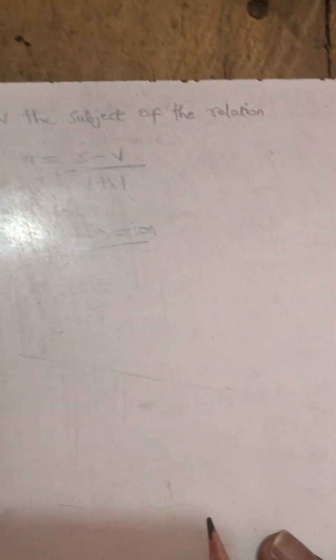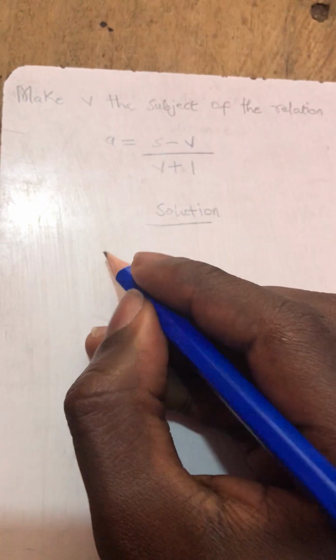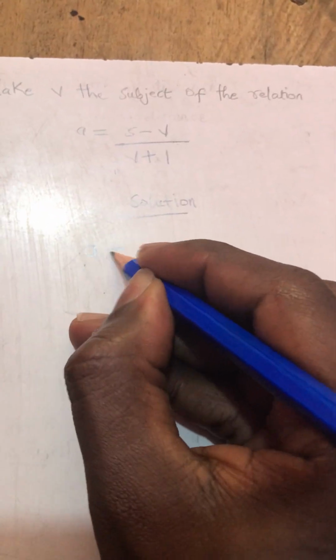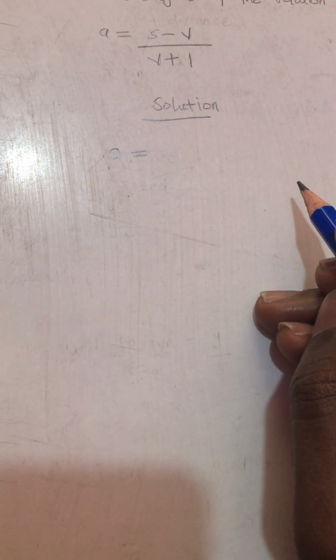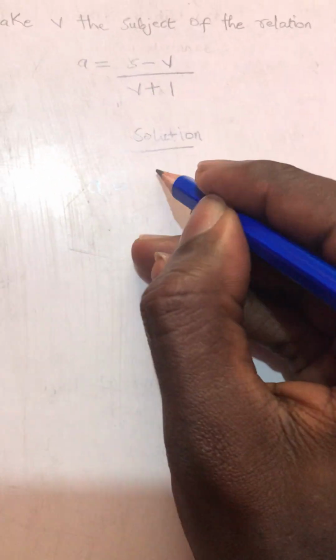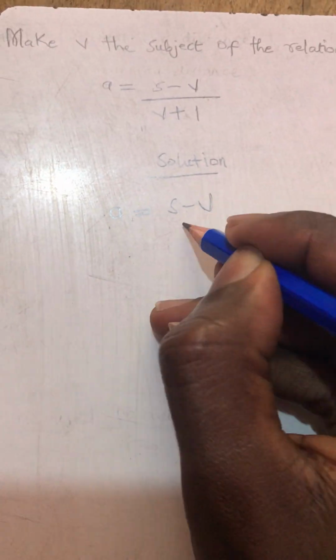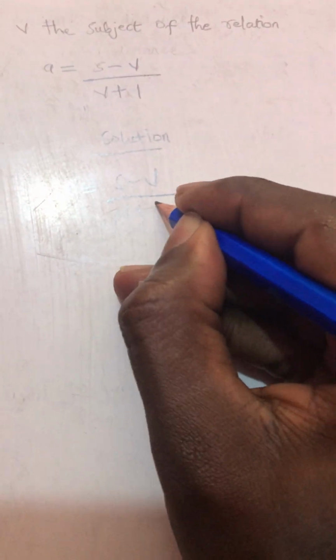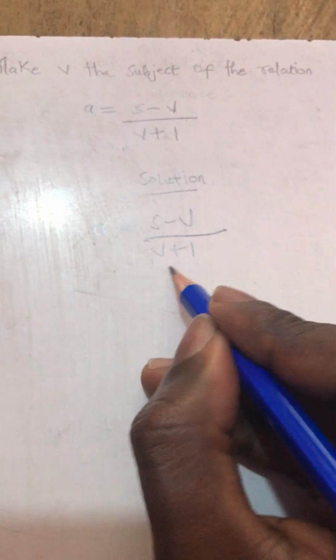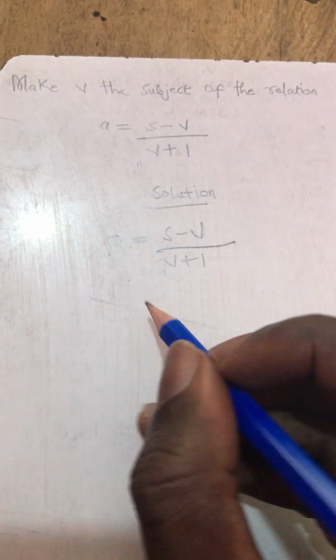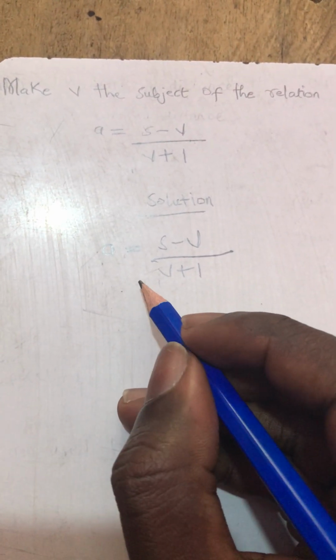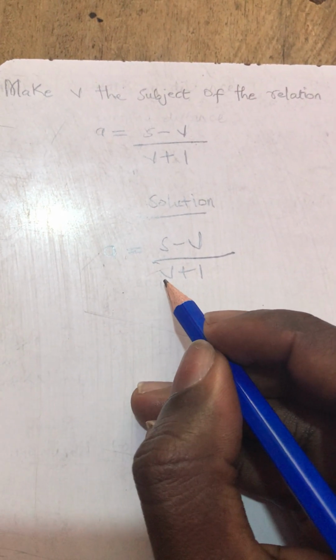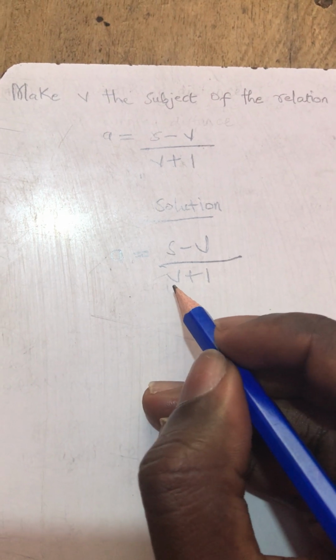Right, so solution. Now our given equation is a equals (s minus v) over (v plus 1), right? So here what you have to do is to look for the LCM of the equation.